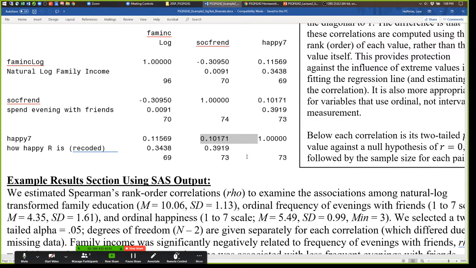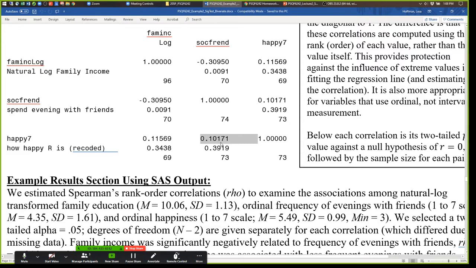So in terms of decision making, we'd say, no, we don't have enough evidence to say that this is different than 0. This falls within expected fluctuation. So we would not reject the null, or retain, or if you're writing this up for publication, this is a non-significant positive correlation.